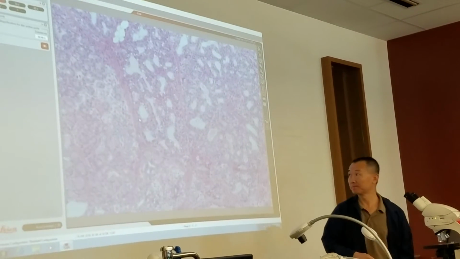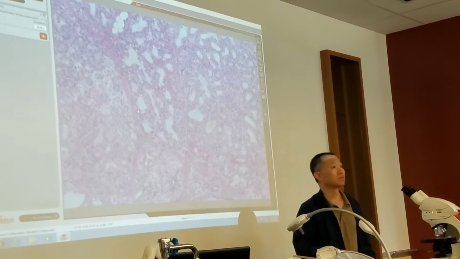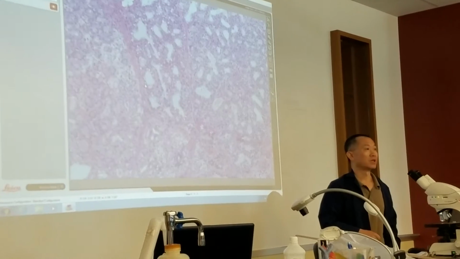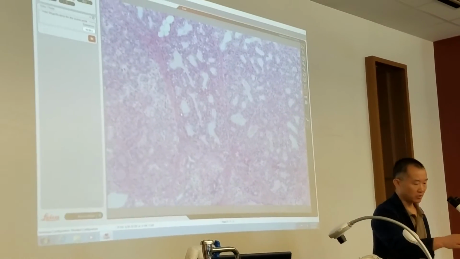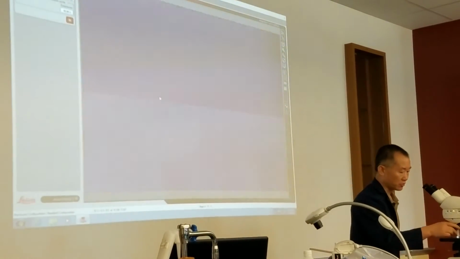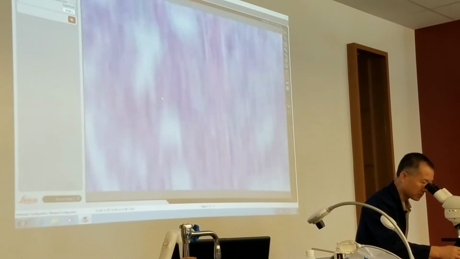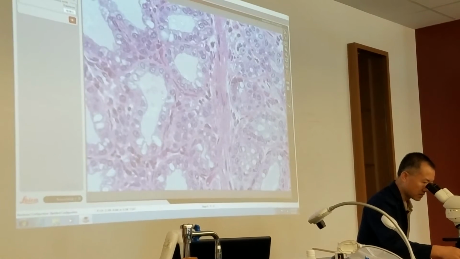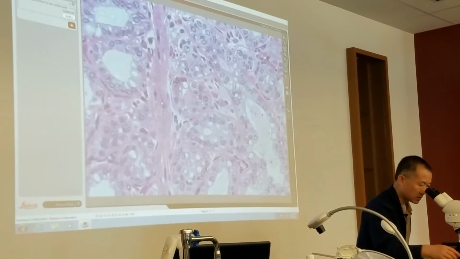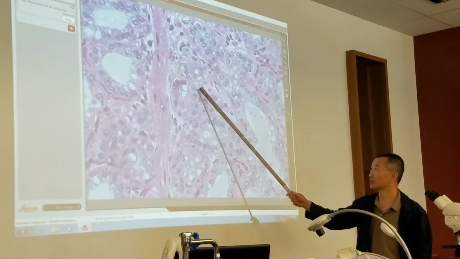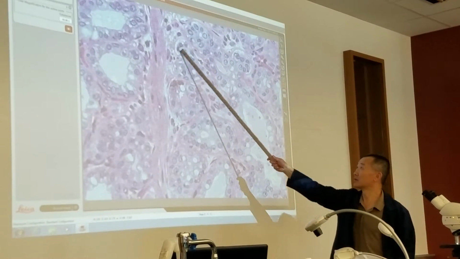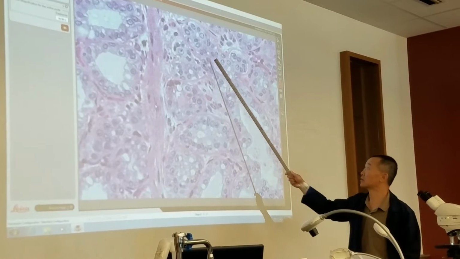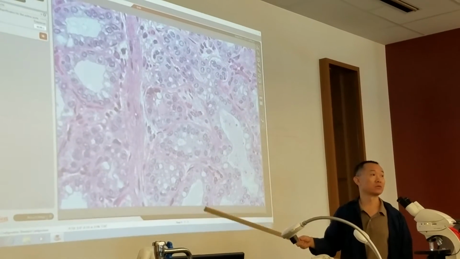What's the difference for glandular alveoli? So these glandular alveoli are these circles. Now I go to high power. So all of these are glandular alveoli. See the circles? Circles within the lobule.